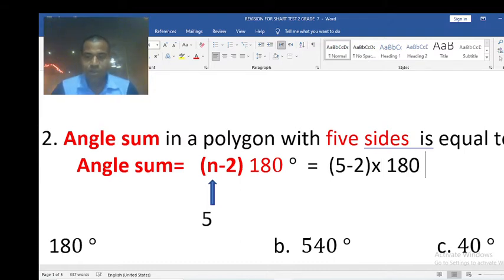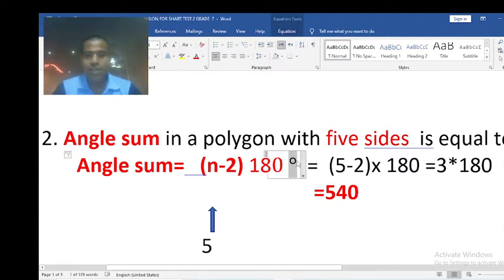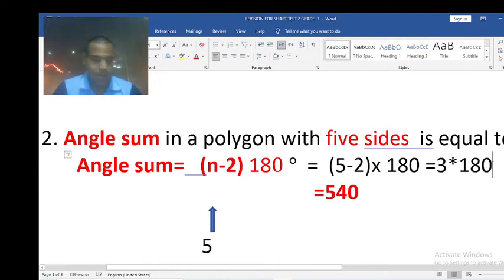Of course the unit is degree, so it will be 3 multiplied by 180, which is equal to 540. Just calculation, learners, no need to use a calculator. 540 degrees, of course. This is the symbol of degree, so just place it here. And this one is written like that.